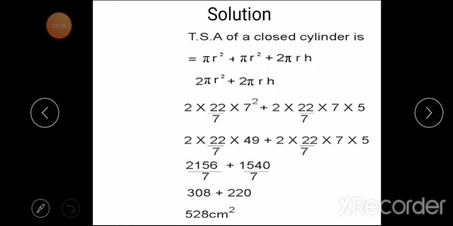What we simply do is input all the figures given to us in the question into the formula.